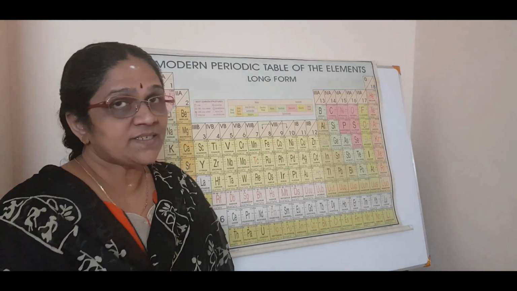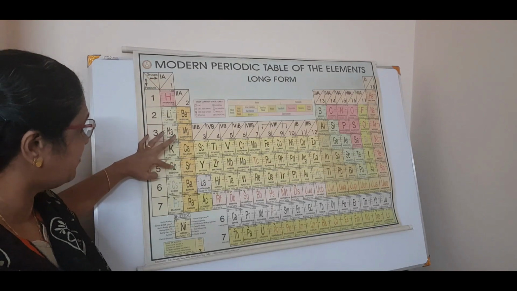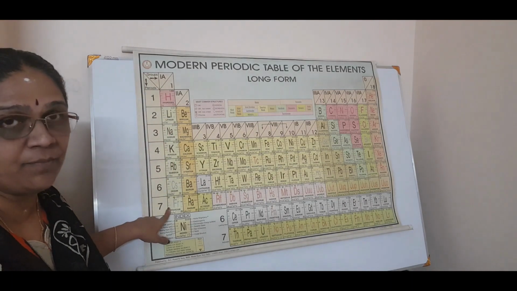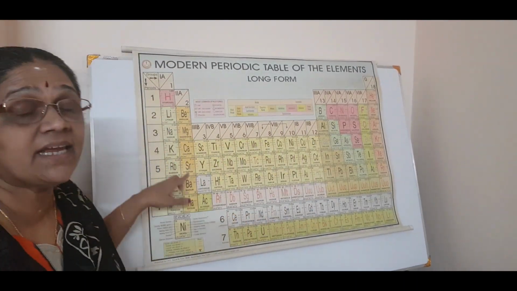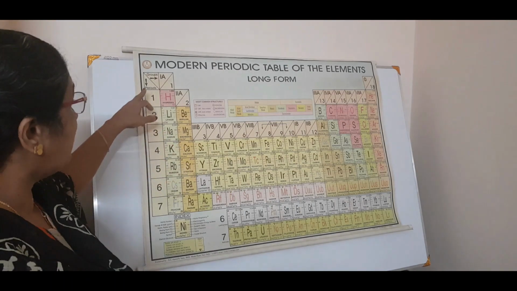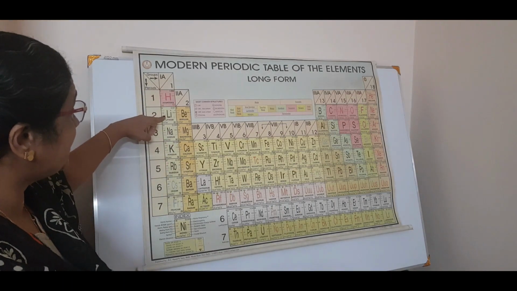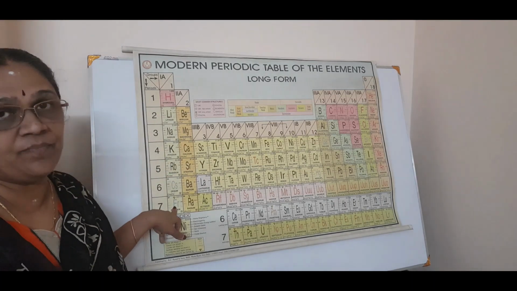Got it? First group: hydrogen, lithium, sodium, potassium, rubidium, cesium, francium. There is a periodic table on page number 86. Take that periodic table and see through the elements.